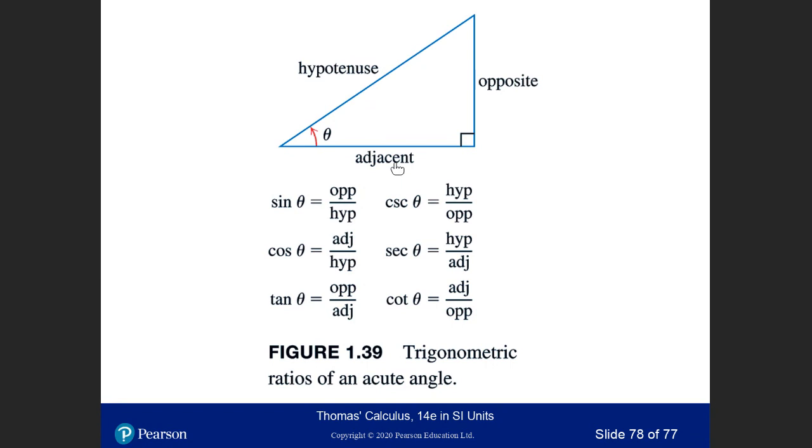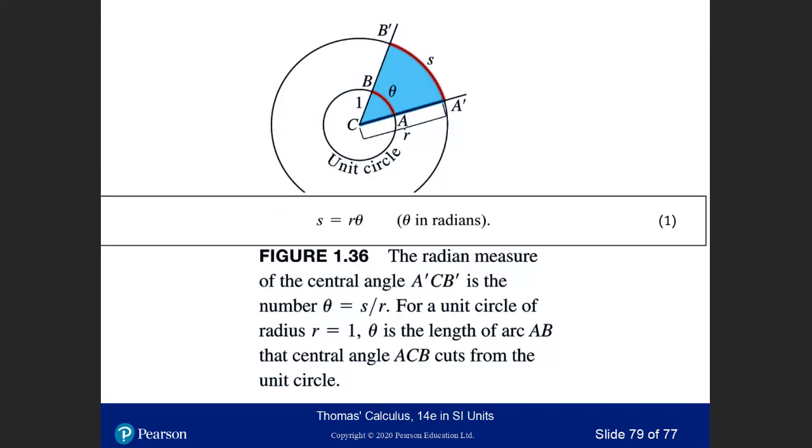Cosine theta is adjacent divided by the hypotenuse. And secant is just the reciprocal: hypotenuse divided by adjacent. And tangent is opposite over adjacent. Cotangent is just the reciprocal of that. So that's another way of doing it.